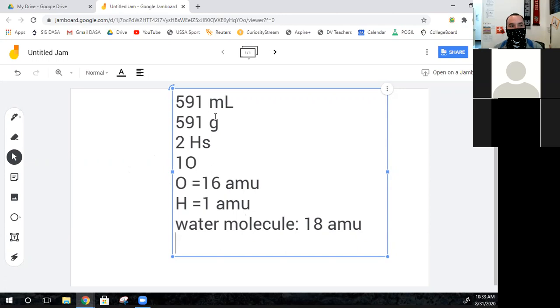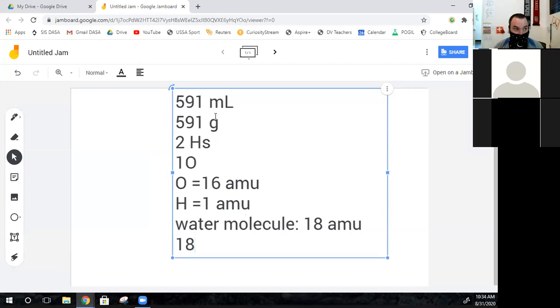All right. So that means that each mole of water equals 18 grams. Okay, so if we take the weight of each molecule and we multiply it by Avogadro's number, that gives us grams.